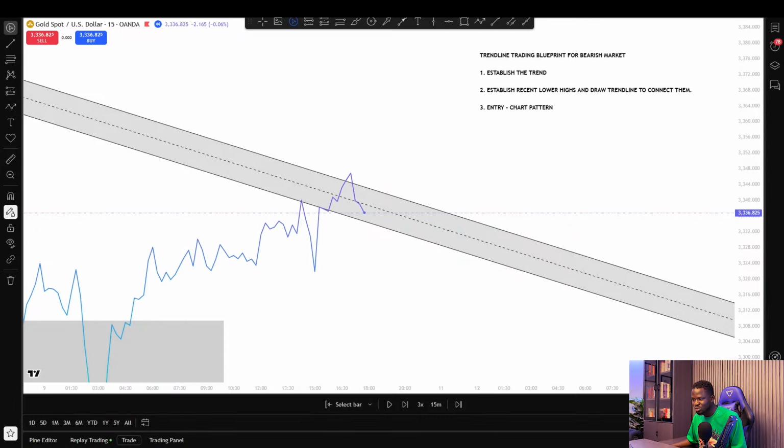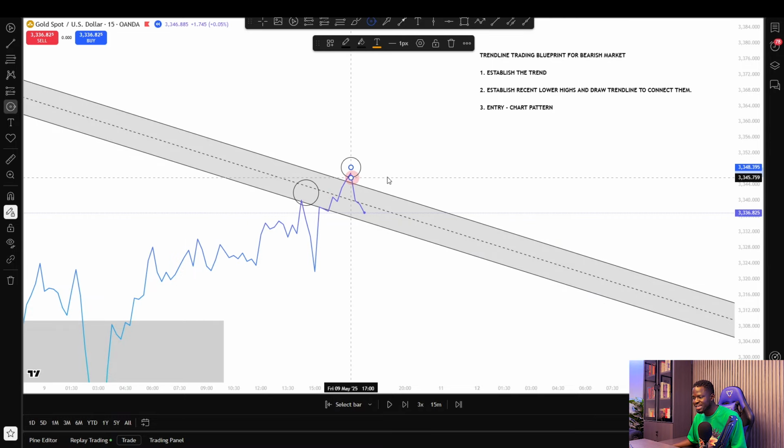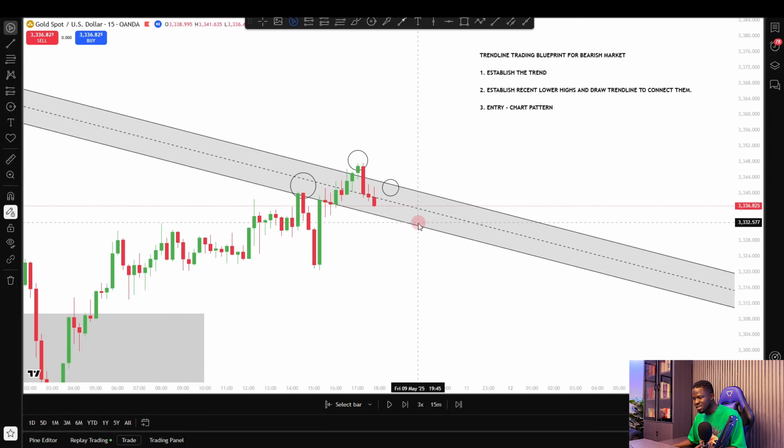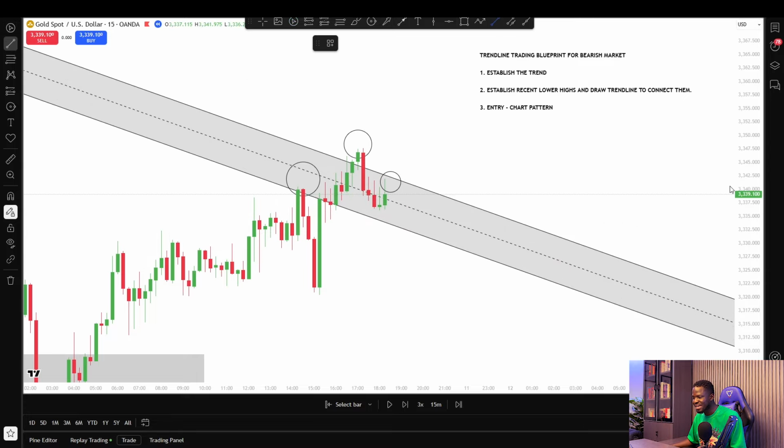Let's change the chart to a line chart. Right now we have a shoulder zone around this place, we have the head here, then we have another unmitigated shoulder around this zone. Let's take it back to candlestick formation. So we need the price action to break the neckline of the head and shoulders before we can execute.